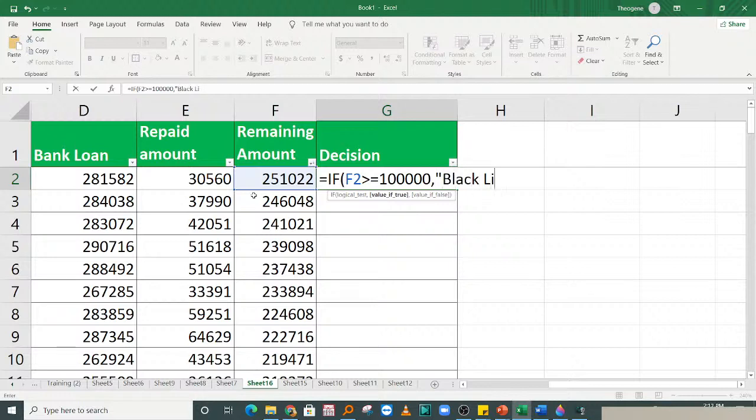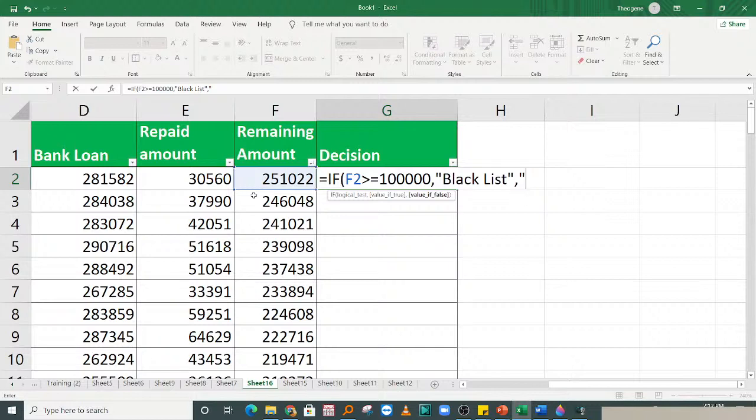Okay, let me write blacklist. Because this is text, you put it in brackets, in quotation marks. But when it is a number, you can type it, there's no problem. Comma, if different. So you see, the first logic is that the amount should be greater than 100,000 to be blacklisted, because this staff will still have a huge amount to be paid.